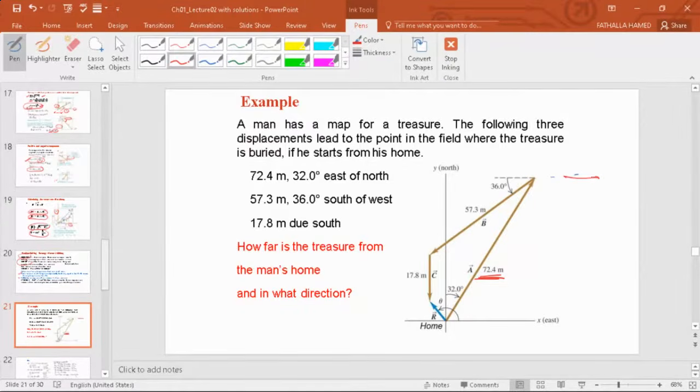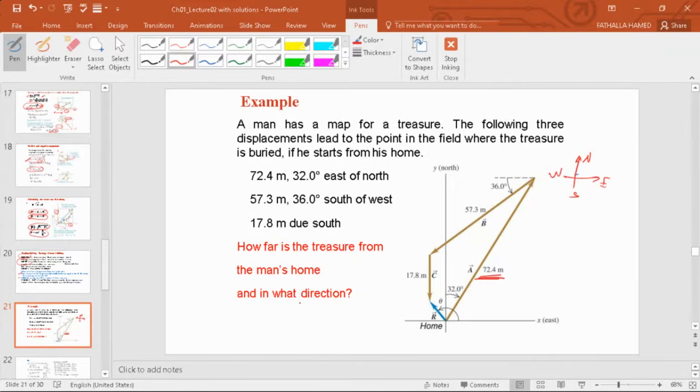When he gets to this point here, he's going to move at 36 degrees south of west. So that's your east, that's your west, and that's your north, and that's your south. So he moves at an angle of 36 degrees and he moves 57.3 meters. And when he gets to this point, he starts moving straight down south 17.8 meters.